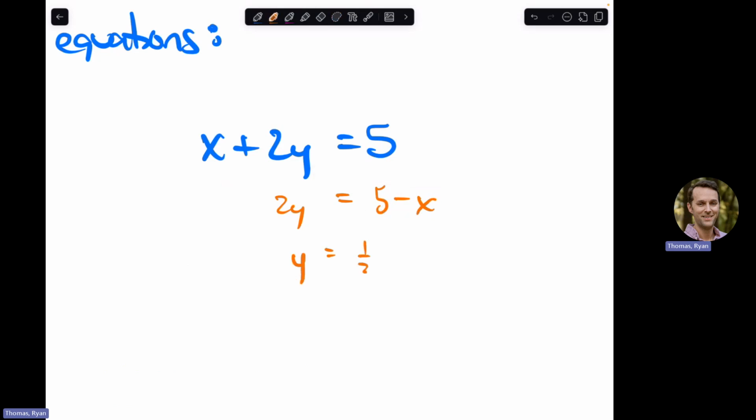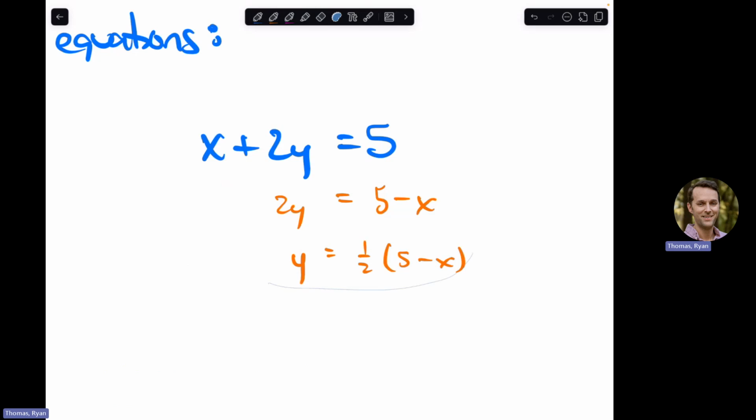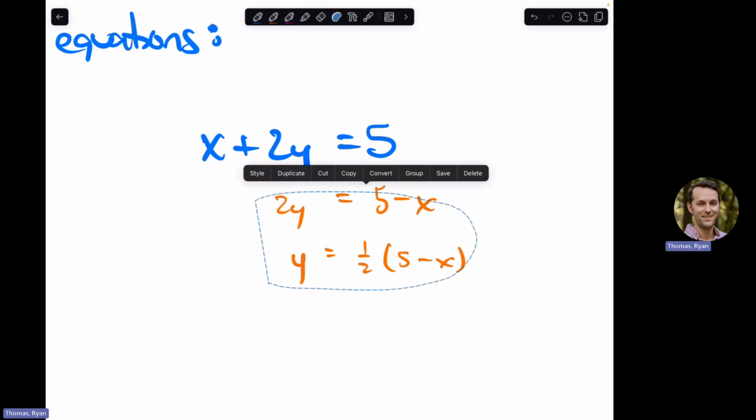So y is 1/2 times 5 minus x. I could solve for x a similar way. I can rearrange this in lots of different ways. But no matter what I do, the best I could do is get y in terms of x or x in terms of y. So there are infinitely many possibilities of x and y pairs that satisfy this equation.